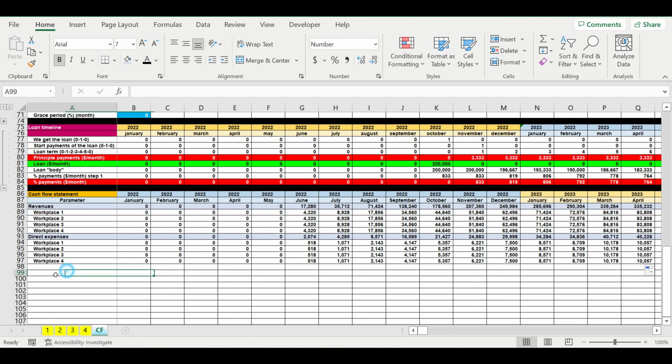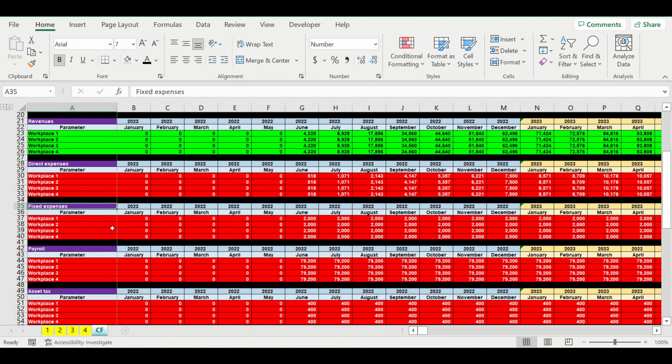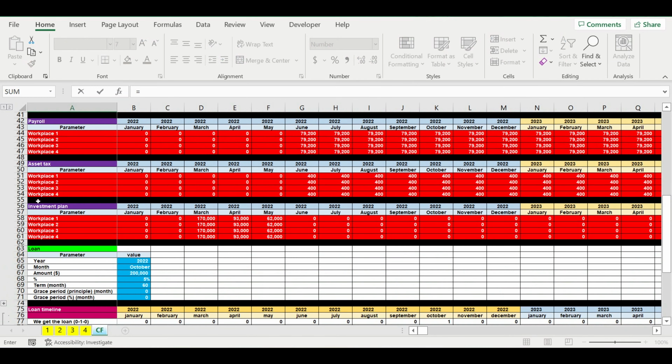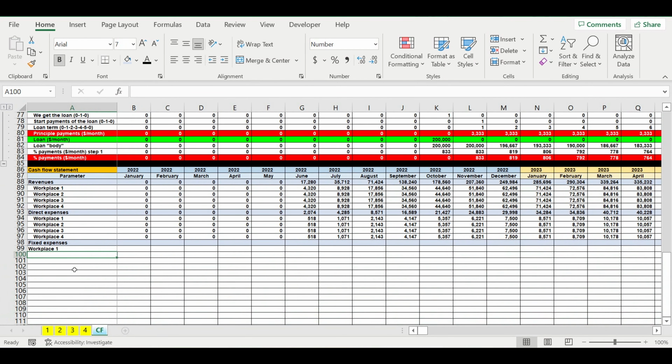Now we are moving to fixed expenses. Here we have fixed expenses consolidated from all these 4 tabs.